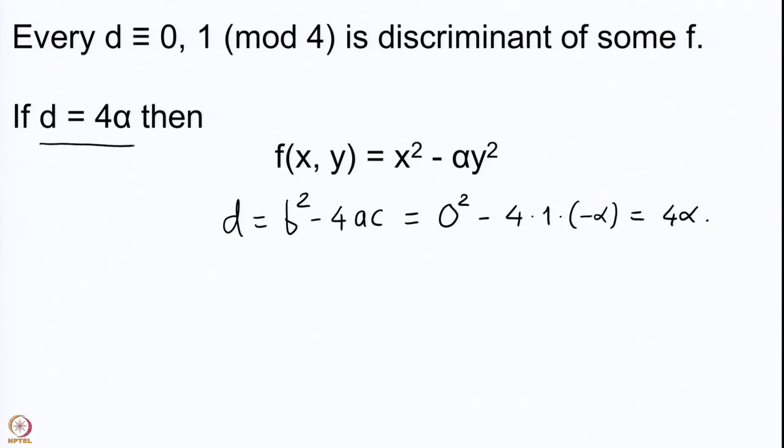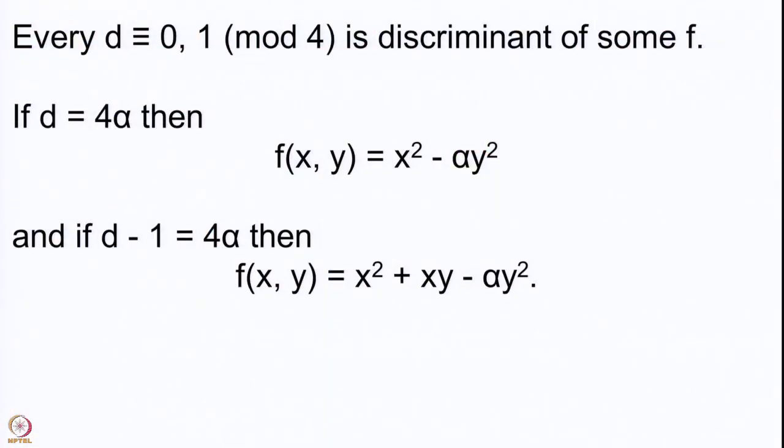So, whenever you have a number which is a multiple of 4, a number which is divisible by 4 in the integers, then any such number is discriminant of this very simple looking form. The form is very simple, it does not have the middle term, its coefficient for x square is 1 and the coefficient for y square is then the number it has to be, because you want the discriminant to be equal to 4 alpha. Let us go to the next case.